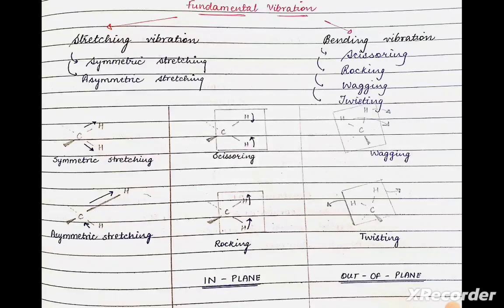So here are the diagrams shown for symmetric stretching, asymmetric stretching, scissoring, wagging, rocking and twisting. Scissoring and rocking are in plane vibrations, whereas wagging and twisting are out of plane vibrations.